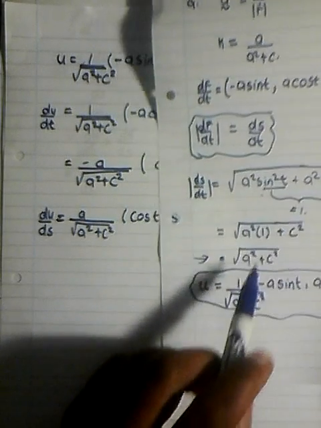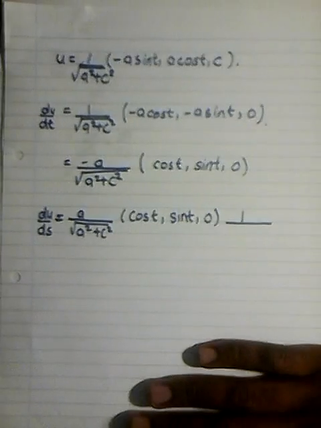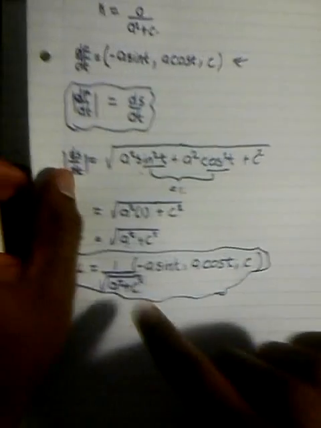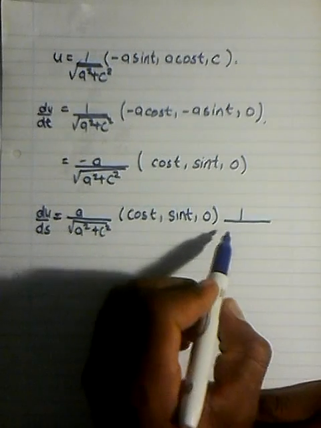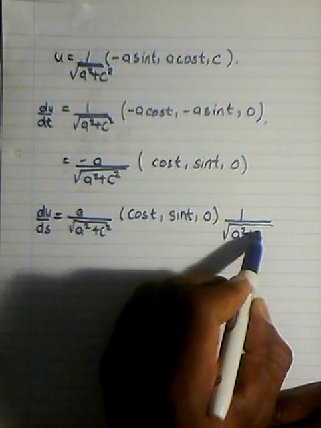Remember we said that ds dt is given as a squared plus c squared, under the square root, take note. So we have the square root of a squared plus c squared.